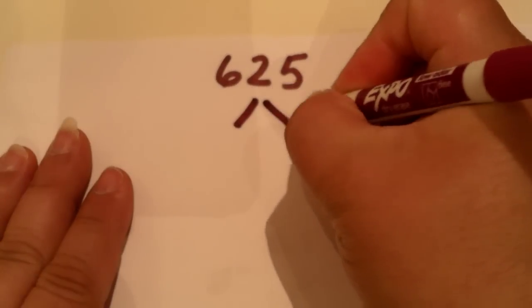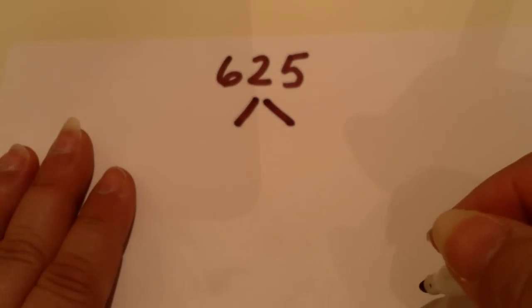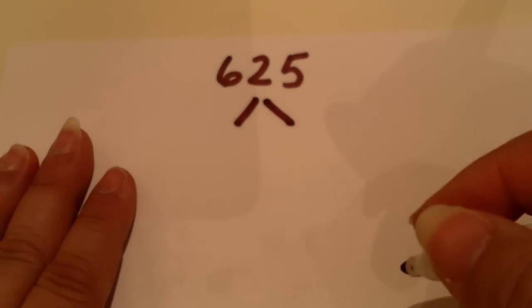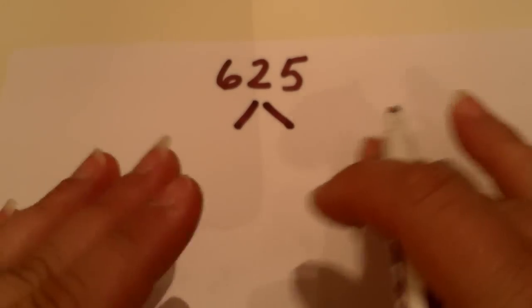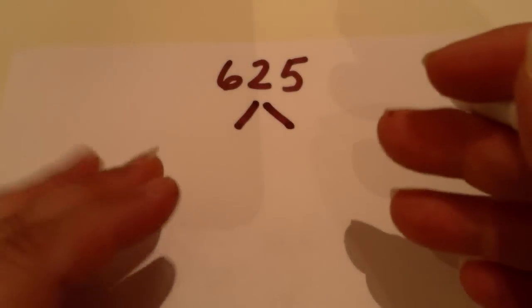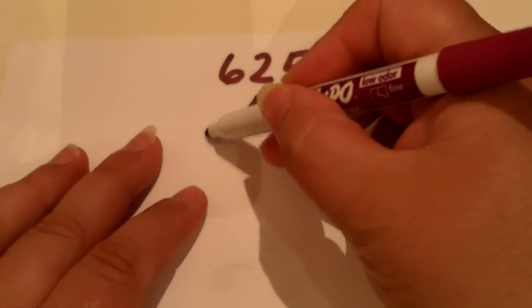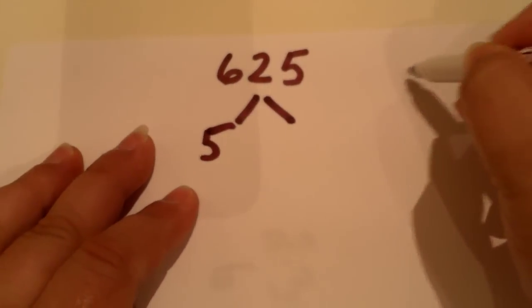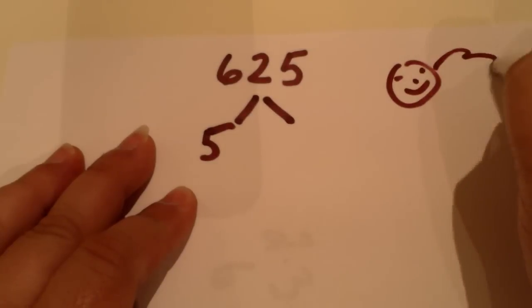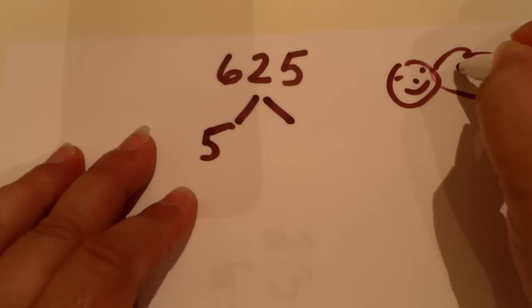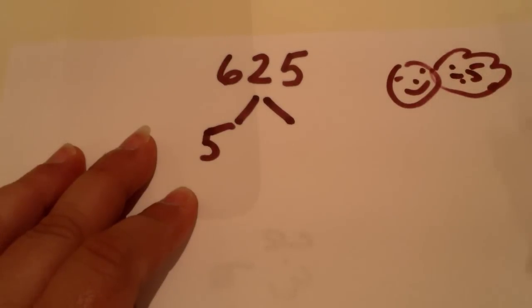I am a favorite fan of the factor tree. I like to break the number down, and this is really just a way to keep your information organized. I see it ends in a 5, so I know that 5 is going to be a factor. So literally, you think of what number you're going to get when you divide by 5. You don't have to think for very long.